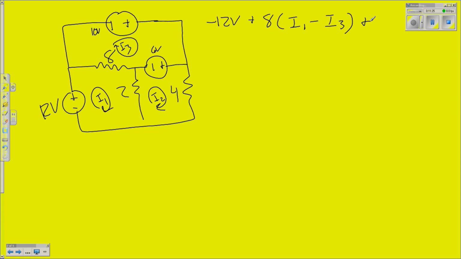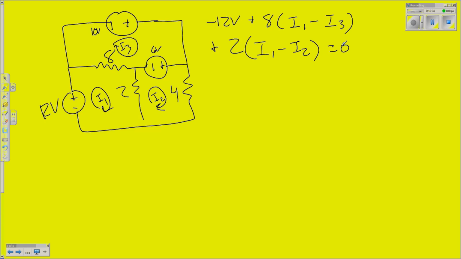And last, we come down the 2 ohm resistor. So plus 2 times I1 minus I2. You'll note there's a little pattern here. Whatever system we're solving, we always put the mesh current that we're describing first. So it's always I1 minus I3 or I1 minus I2, and vice versa when we move to the next set.